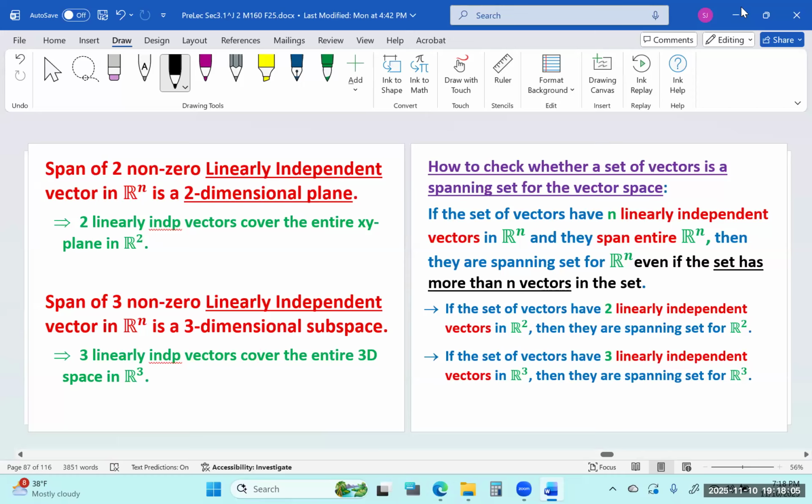So how can we check whether a set of vectors is a spanning set for the space? It means how can we check whether the vectors given to us cover the entire space or not? If you have at least n linearly independent vectors in Rn space, then the set of vectors covers the entire space, so they are a spanning set.